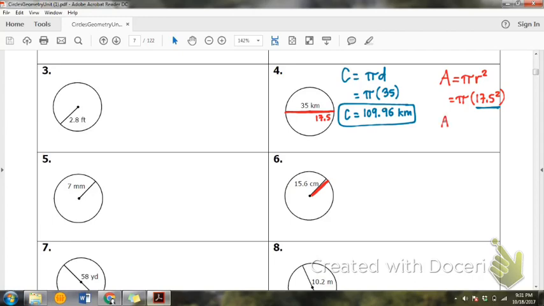And I'm getting 962.11, because that 2 is not big enough to change that 1. My unit of measurement again is kilometers, but I have to remember that it's kilometers squared because I'm talking about area.